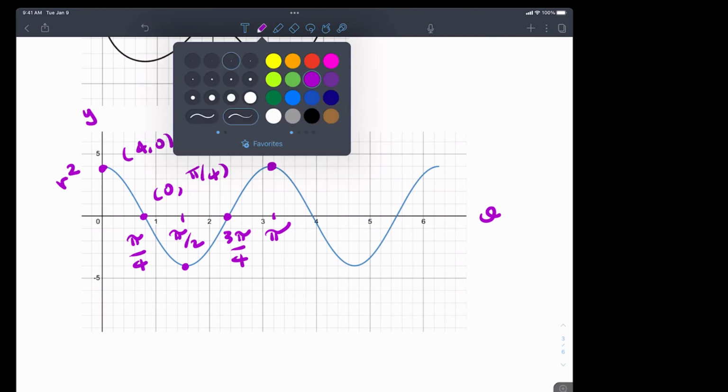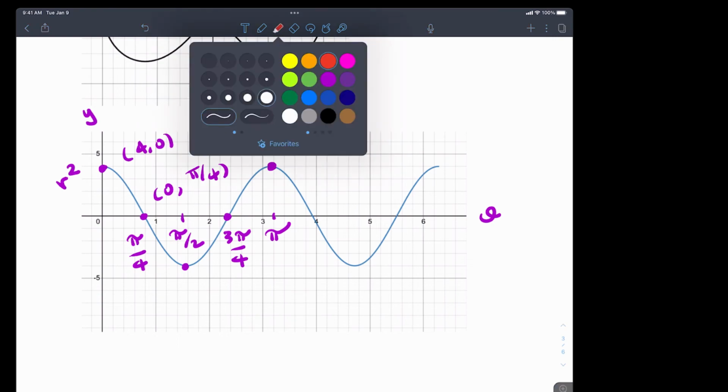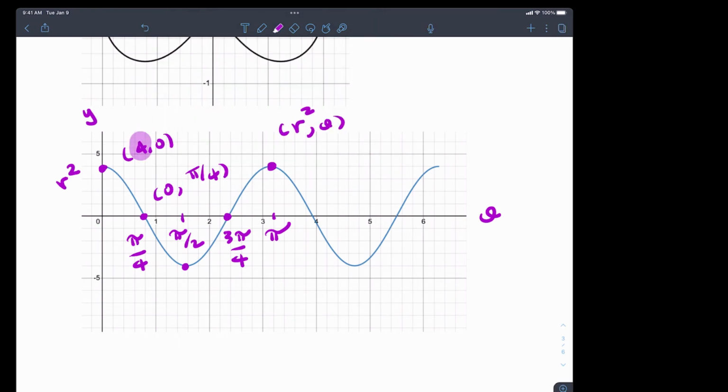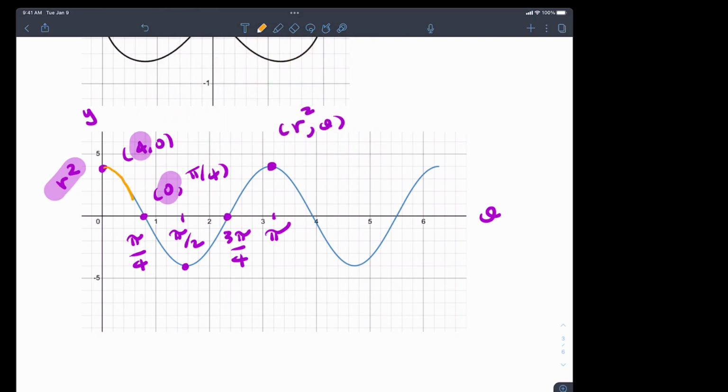So this number, that's r squared. That's r squared. So for that first interval, here's our first interval, 0 to pi over 4.